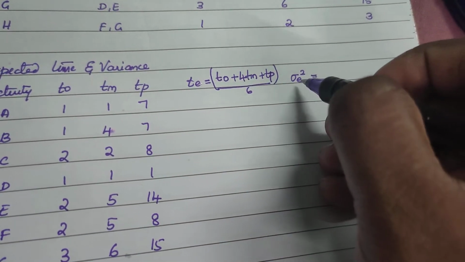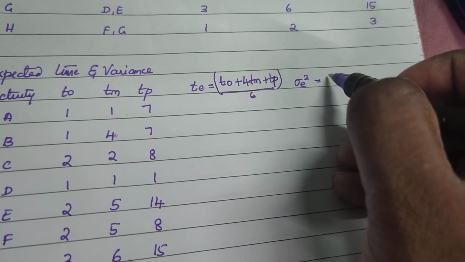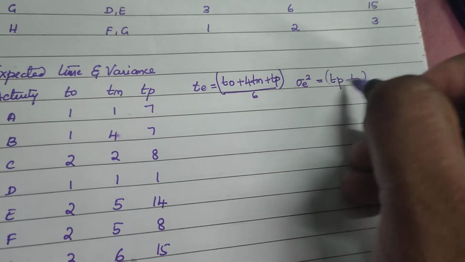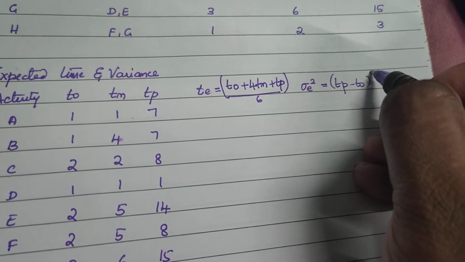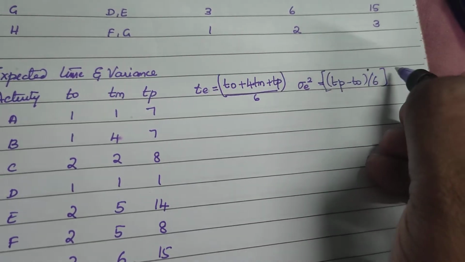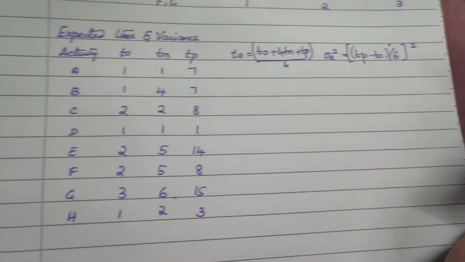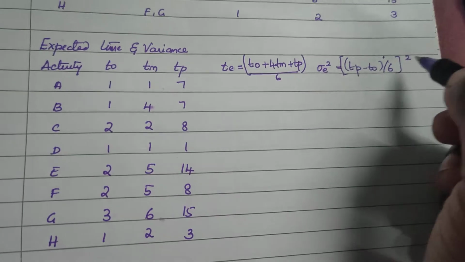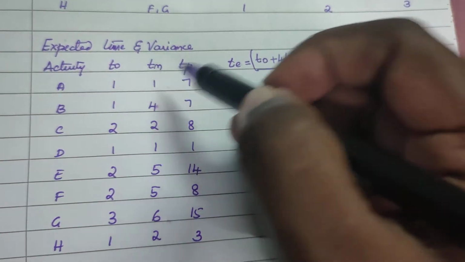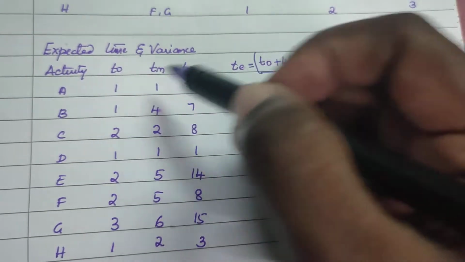And here you have the variance. Variance is ((TP minus TO) divided by 6) whole squared. These are the formulas that I'm going to use. Here 4TM means 4 into TM, plus TO, plus TP, so you have to add.